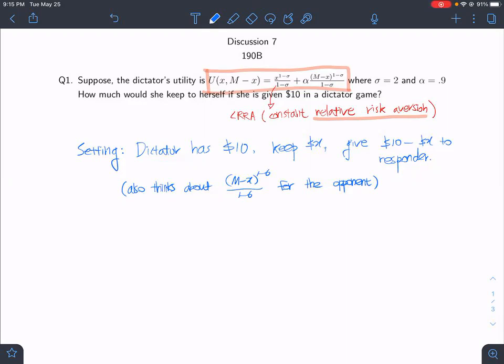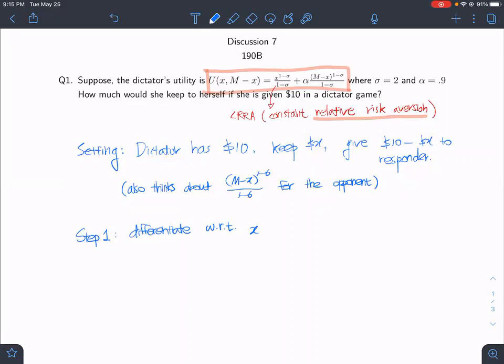Solving this problem is not difficult. It's very simple. Step one: differentiate with respect to x. WRT means with respect to x. So x is what he controls.